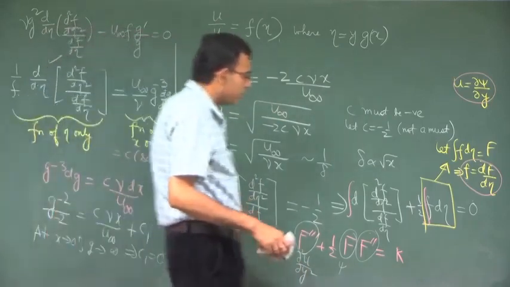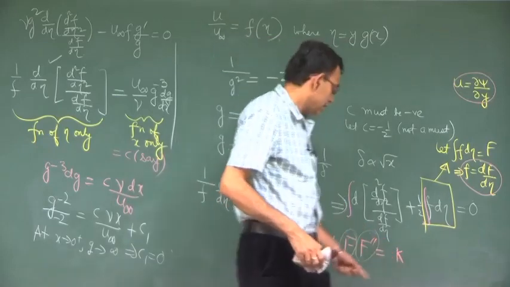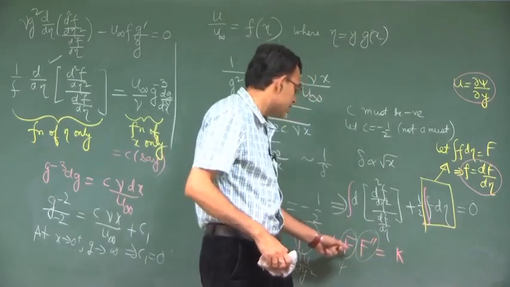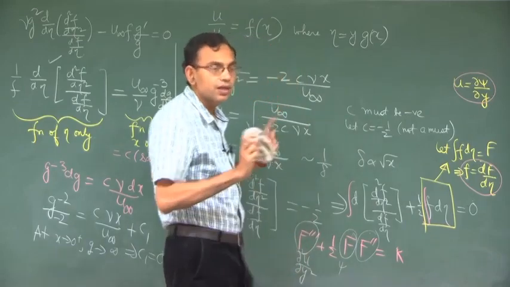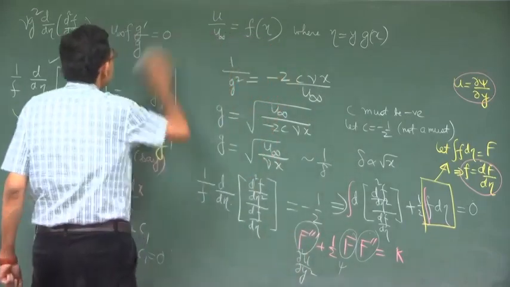Now, to get this boundary value of k, this physical relationship between capital F and the physical variables need to be clearly kept in mind.